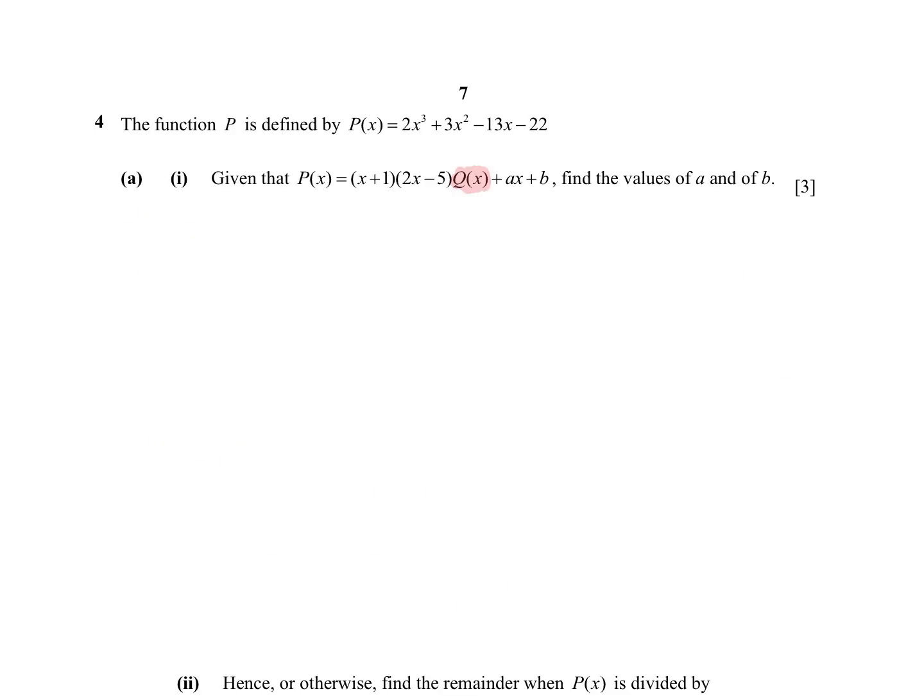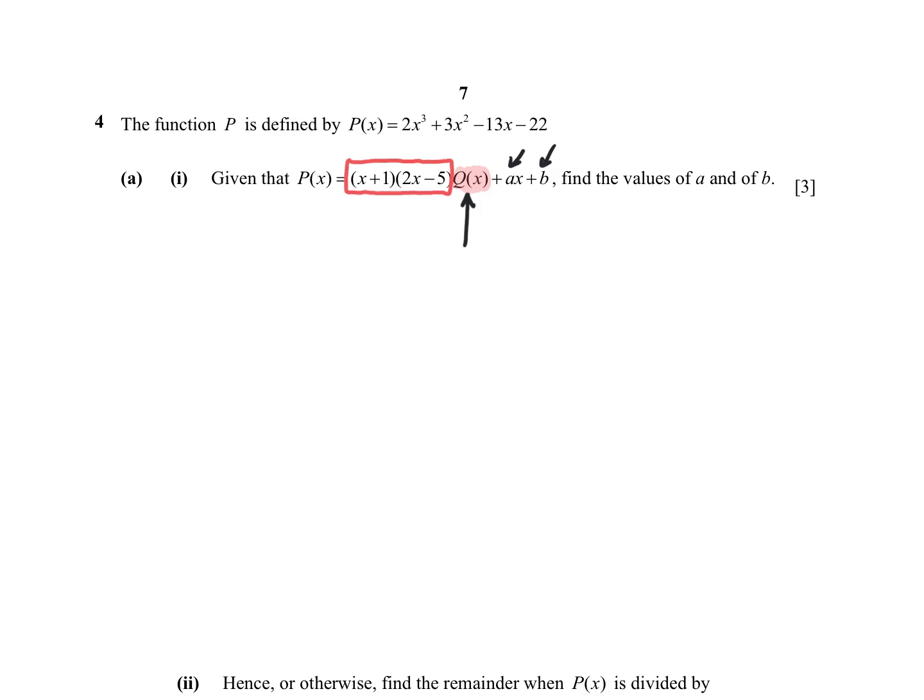Okay, so first thing first, what is this actual function? Actually, it doesn't matter as long as you sub in suitable values to eliminate it. So first thing first, if you want to find A and B, you might want to sub in values to make this part 0.